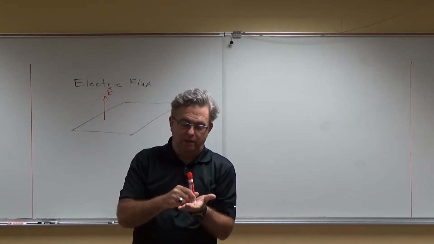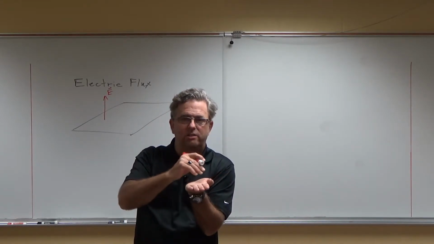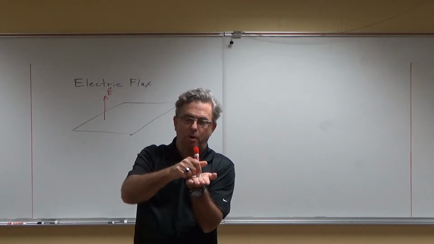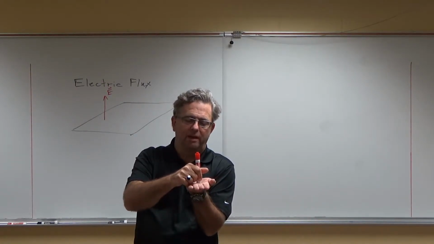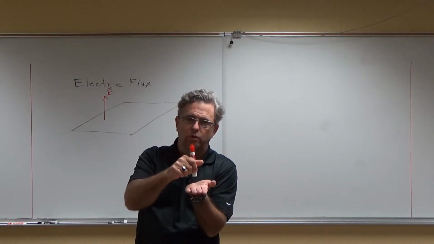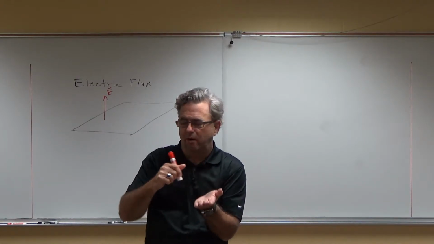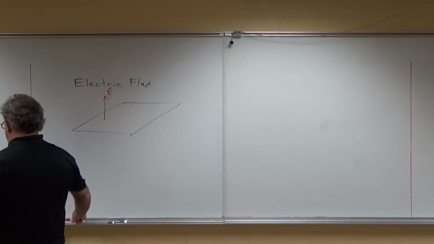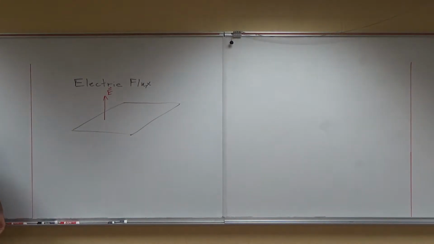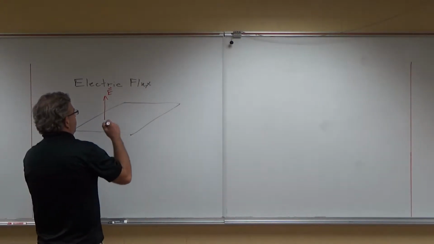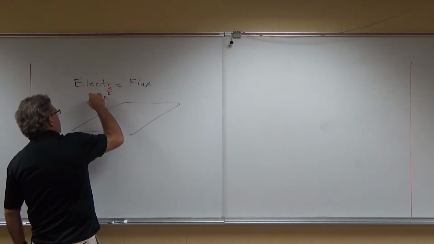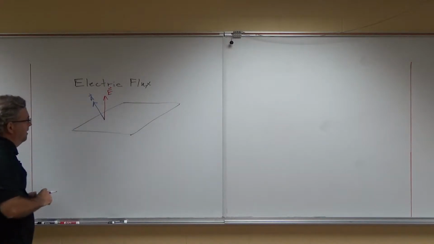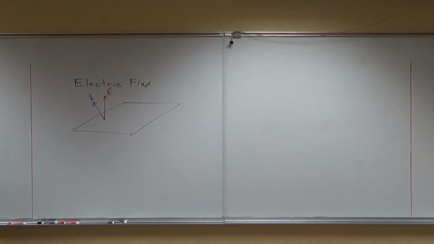So if it's a nice smooth plane, it's perpendicular to that plane, or so-called normal to the plane, and the magnitude of the vector represents the area. So an area vector for this plane that I've drawn, let's say, okay, here's the area vector representing that plane.